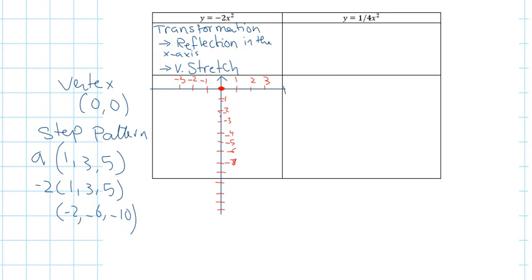My step pattern tells me -2. What does -2 mean? 2 down, and then 1 to the right and to the left.